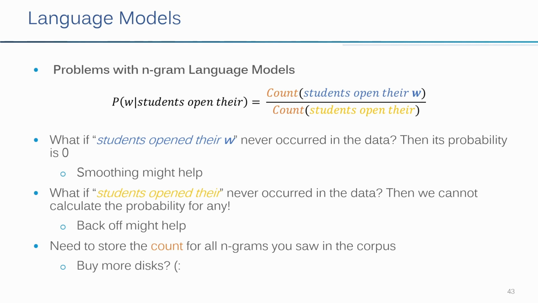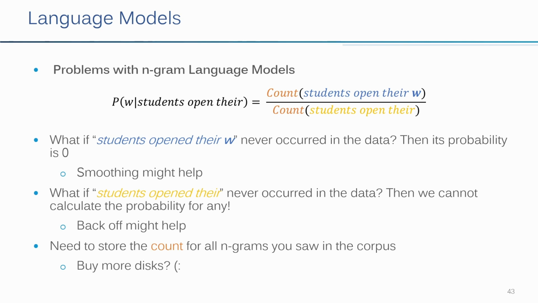And we don't want that, so how do we deal with this? We can do smoothing. We add 1 to every single example that does not belong to our training data. What if students open there, which is our context without the word, never occurs in our training data? How can we handle this? Well, you can do some backoff and hopefully it will be fine.